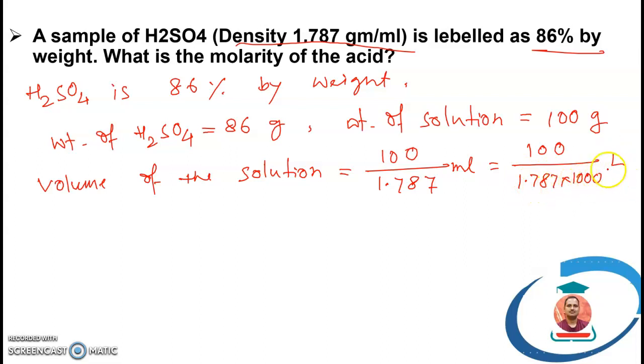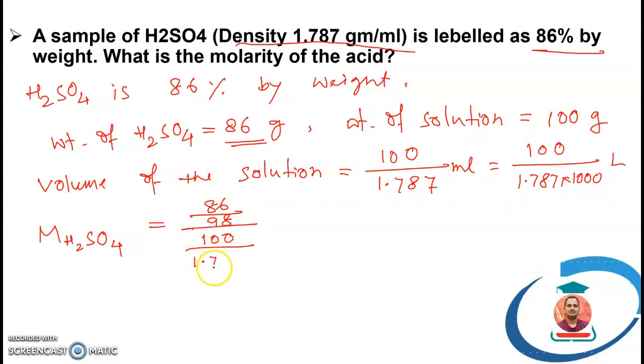So this is in liters. Now what is the molarity of H2SO4? Molarity equals moles per liter. Moles means mass by molar mass. The mass here is 86 gram, so 86 by 98. This is moles per liter of the volume of the solution, and the volume is 100 by 1.787 into 1000.